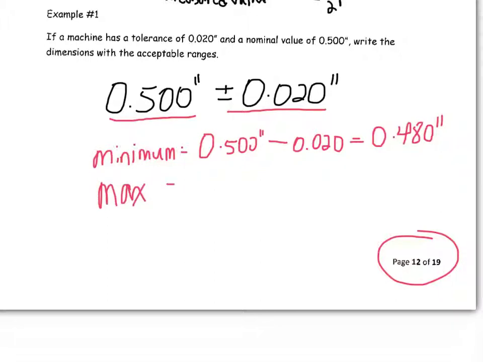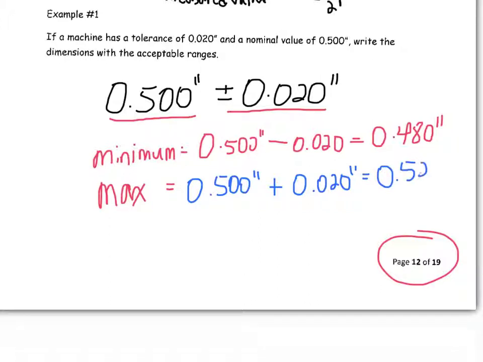The maximum acceptable? Well, that's 0.500 plus 0.020, which gives us 0.520 inches.